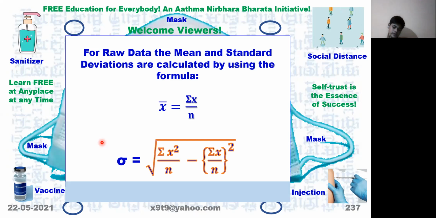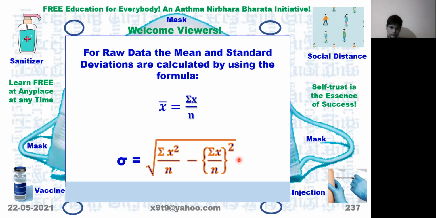So answer is 23. Then this is the formula given in the book. Write this formula also, standard deviation. Then we can write our simplified formula also.